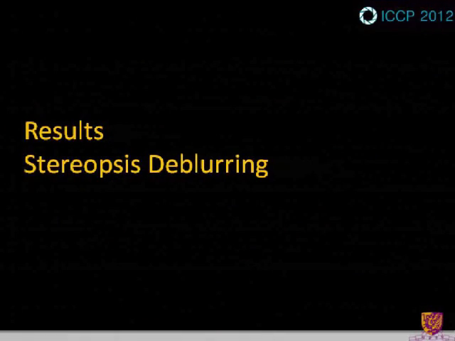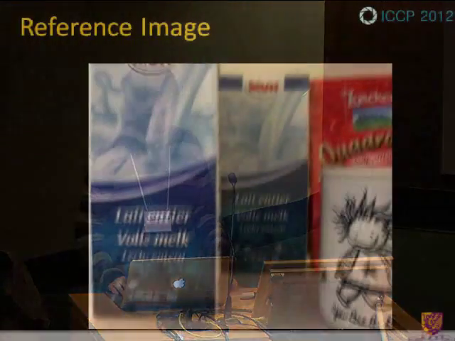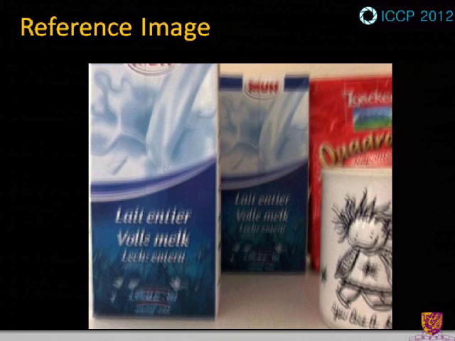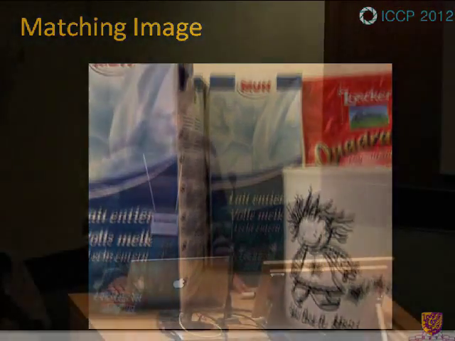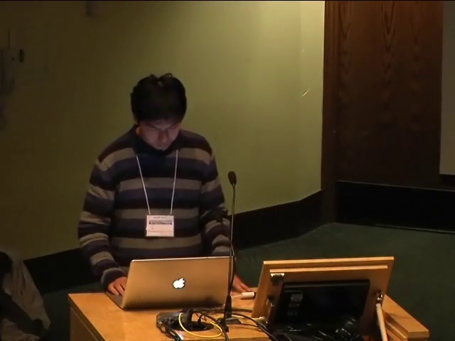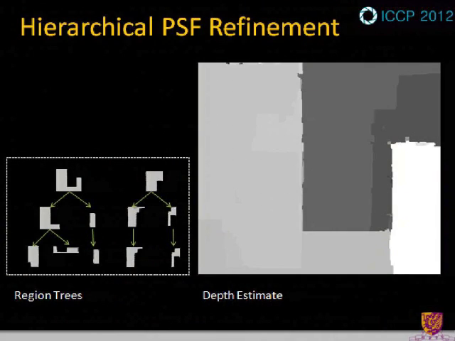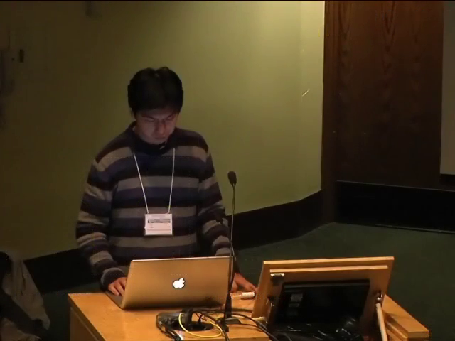Now we show some results and comparisons. This is a typical reference image and its matching view. Note that the points at the far end are less blurred due to the distance. And this is our coarsely estimated depth and the region tree.